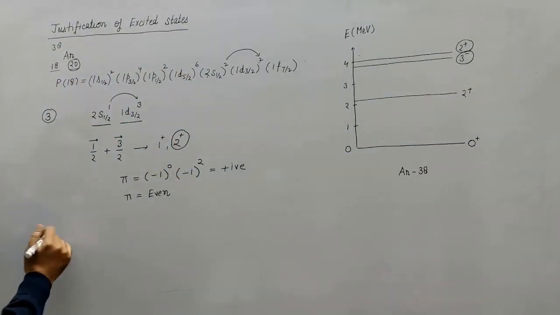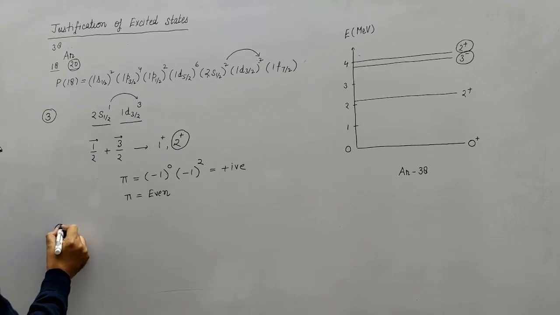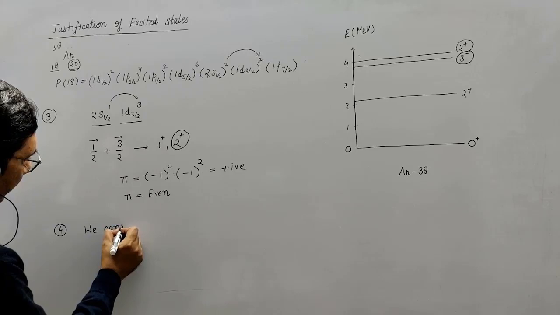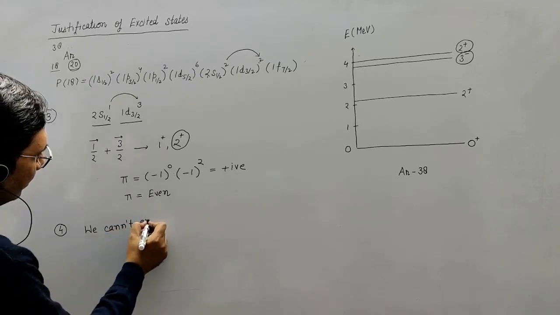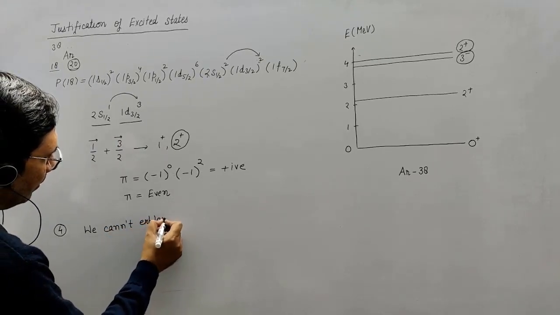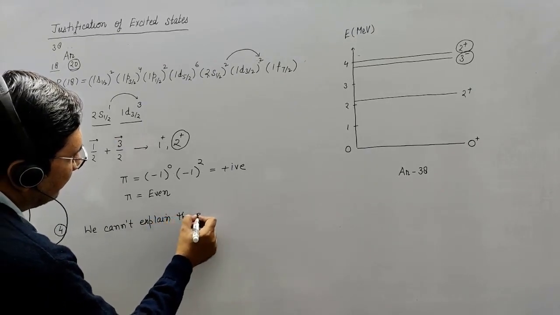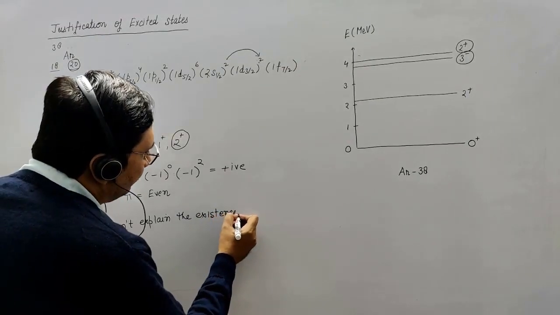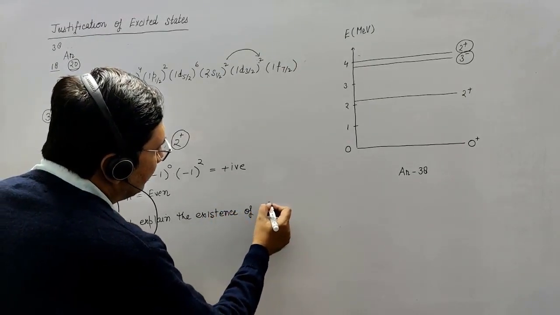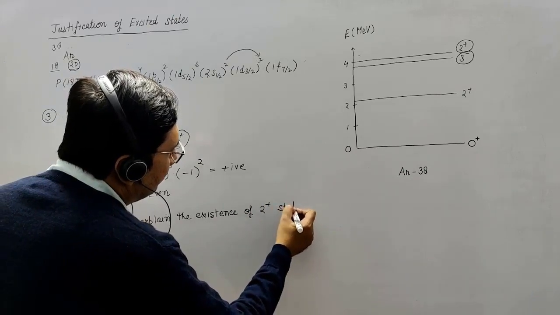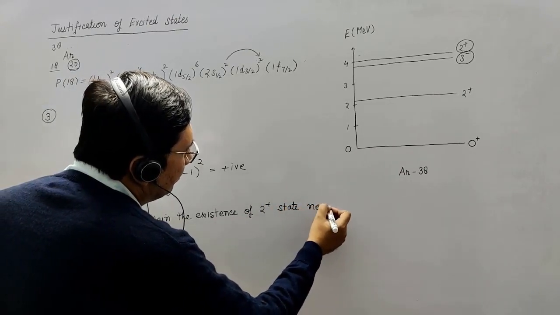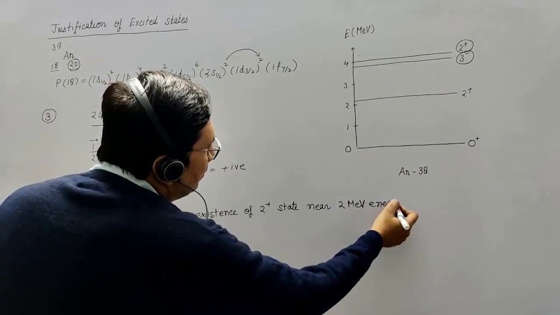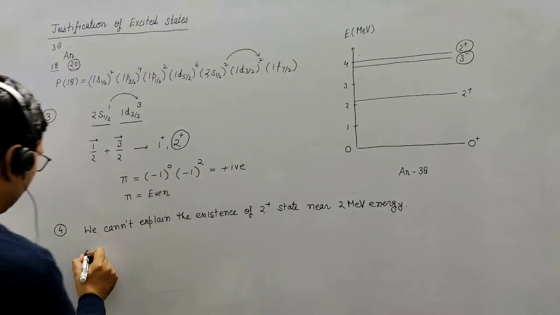So we can't explain the existence of a 2 plus state near 2 MeV energy right now.